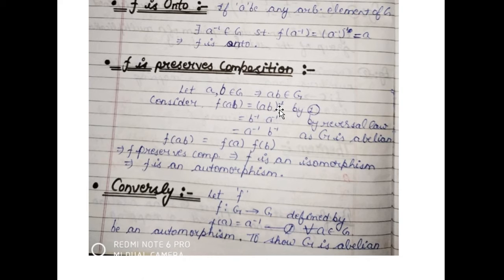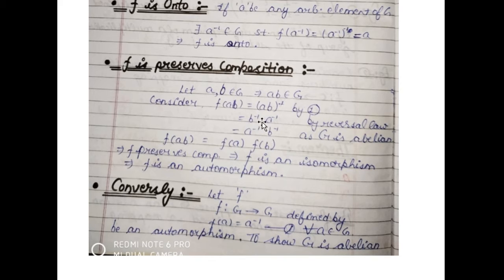And we have seen the basic properties of a group where we have shown the reversal law, and by using that reversal law, (AB) inverse will be equal to B inverse A inverse. And since the group is abelian, we can write B inverse A inverse equal to A inverse B inverse.